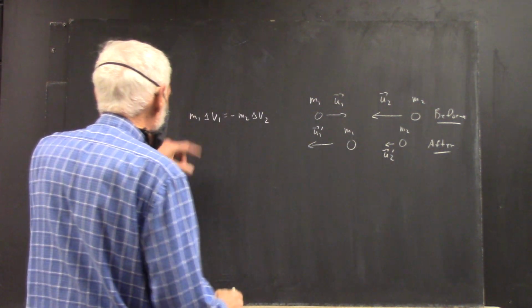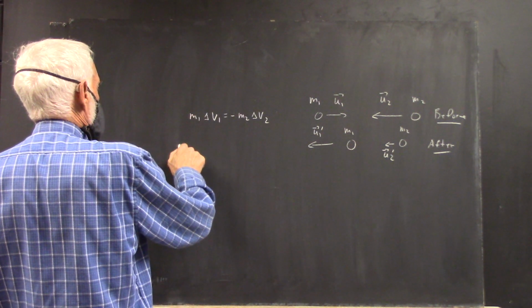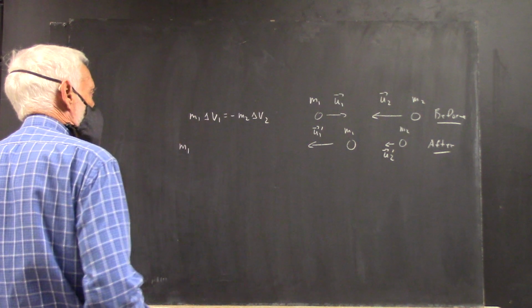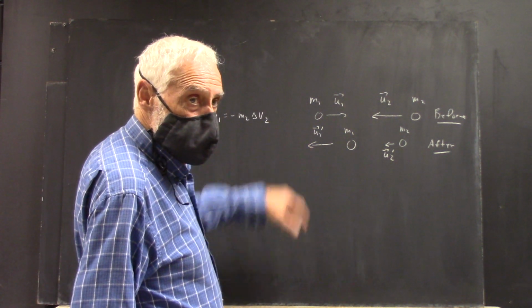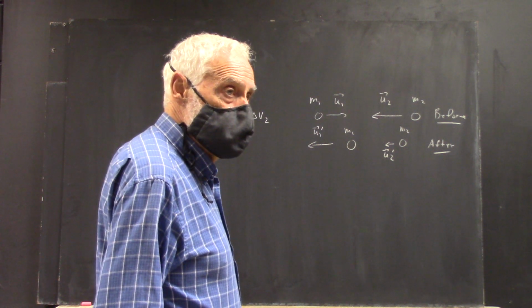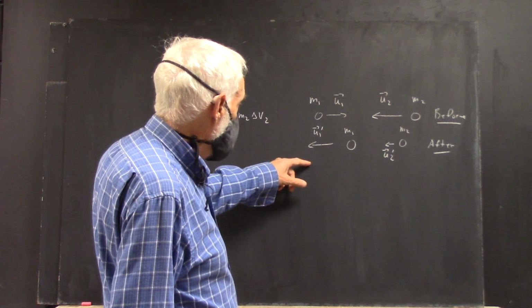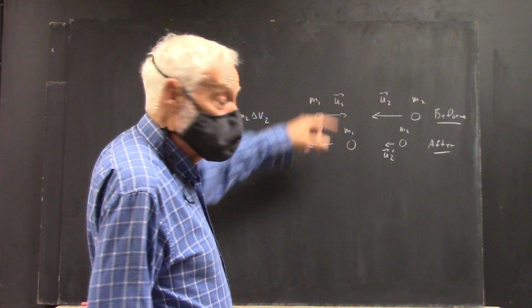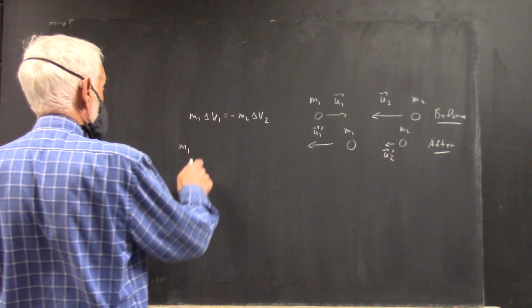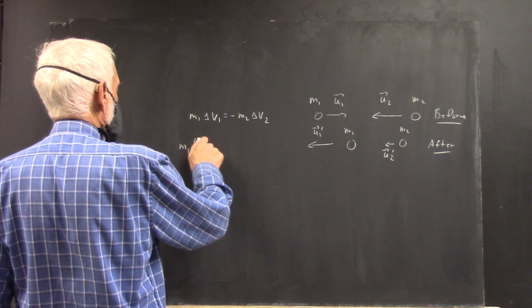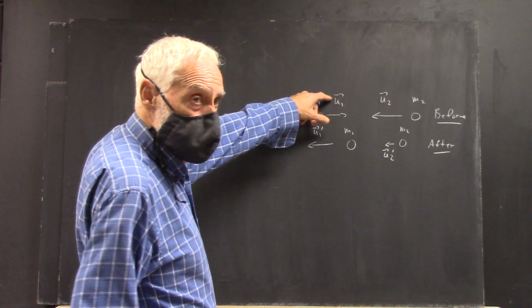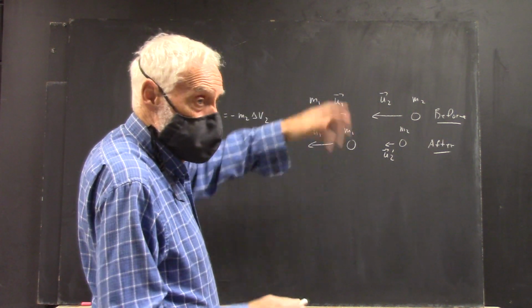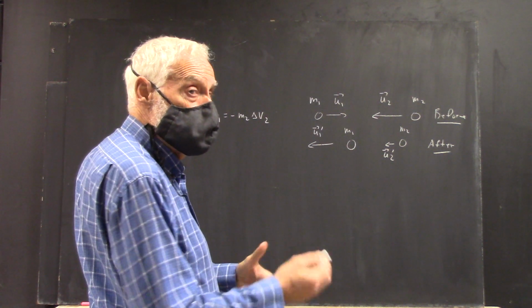What does this tell you? What's the delta V1, the change in velocity of the first mass? Well, it's the velocity it has after minus the velocity it has before. Now, U1 prime doesn't mean the derivative of U1. U1 prime is just a way of distinguishing after from before.